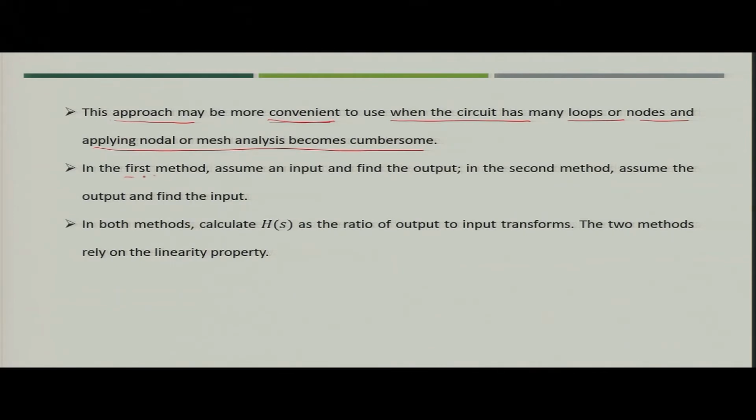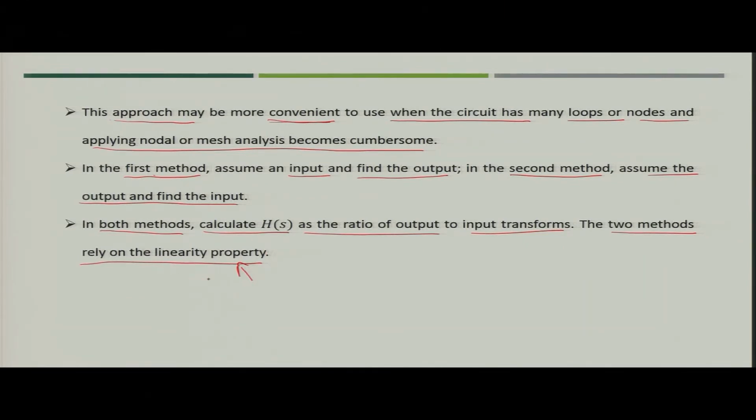network. Now, in the first method, as we discussed, we assumed the input and found the output, while in the second method we assume the output and then find the input. In both methods you calculate H(s) as the ratio of output to input transform, and we have to keep in mind that these two methods are only applicable when you have a linear circuit.